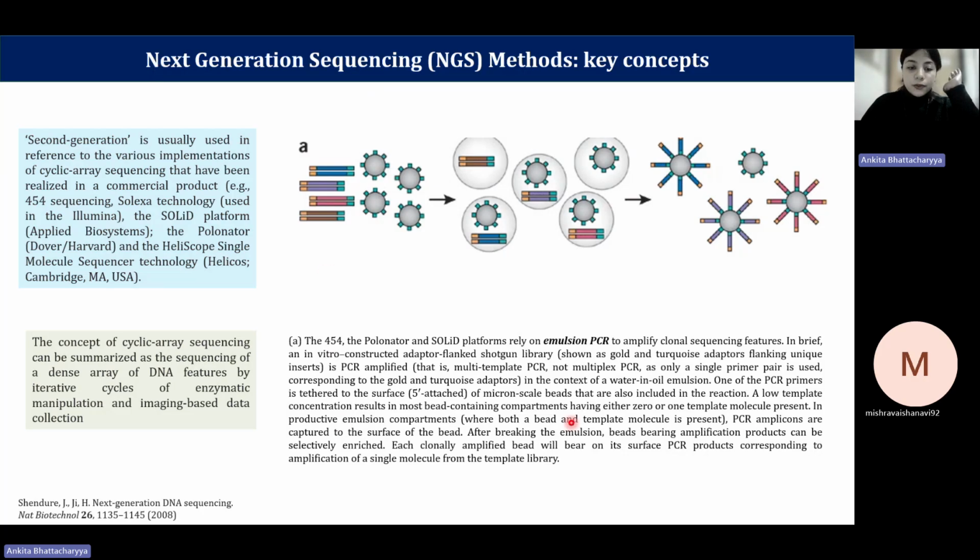The primers that I'm talking about correspond to the gold and turquoise adapters. That is why knowing their sequence is very essential, because otherwise you wouldn't know where to start. One common strategy that is used when we don't know a sequence and we want to be unbiased in amplification is the idea of using random hexamers. But understand that they are going to get incorporated at random sites within your DNA sequence, because it's just a combination of sequences, right?